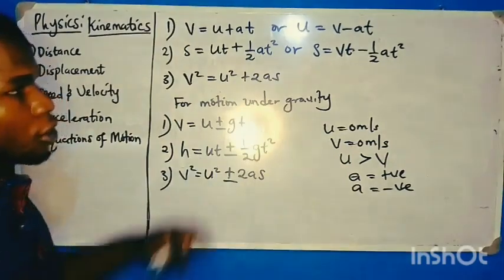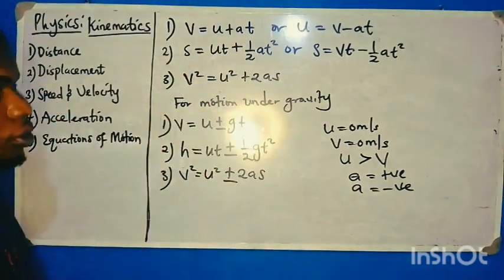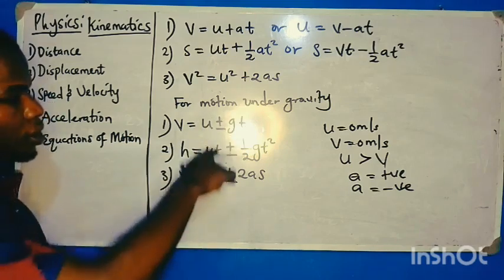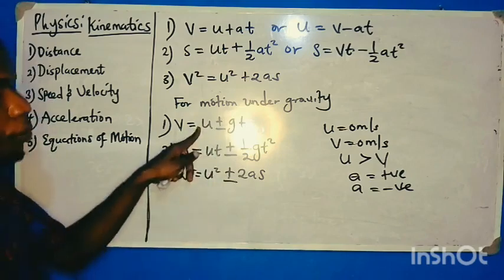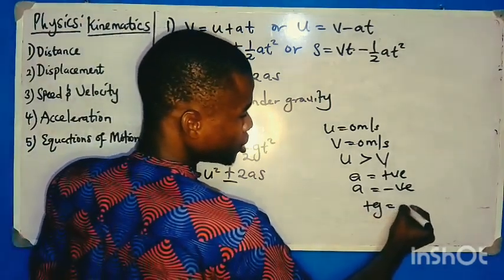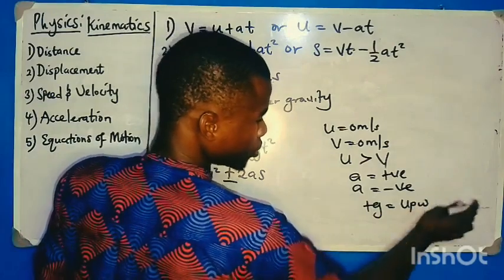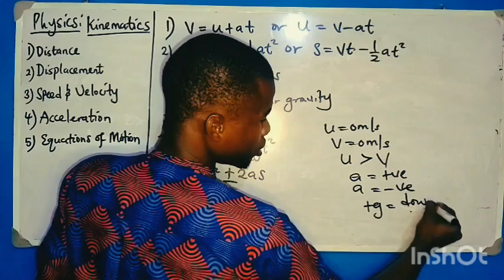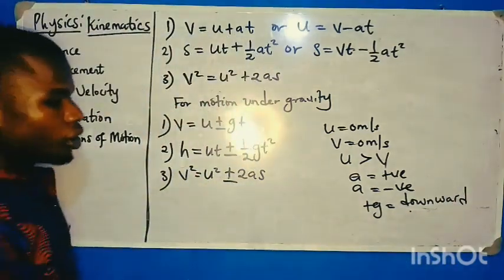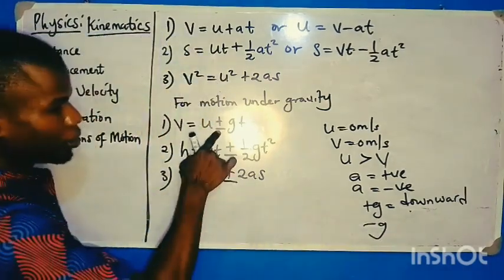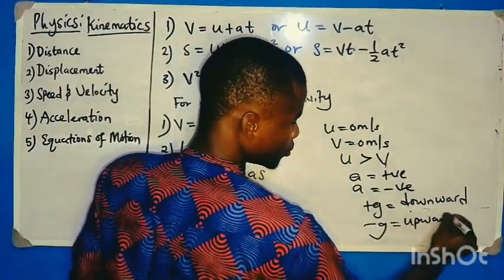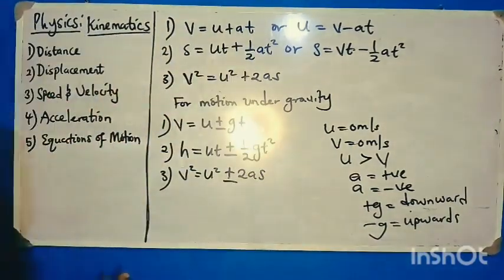I'm explaining the equations of motion here, the parameters you are going to be using. For the double signs, when you have plus g, it means the body is moving downwards, obeying gravity. But if we use minus g, that means the body is going upwards.